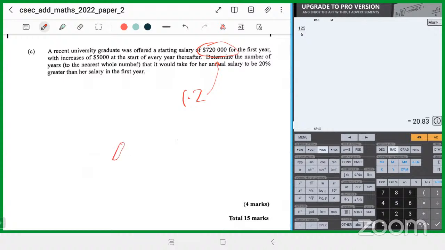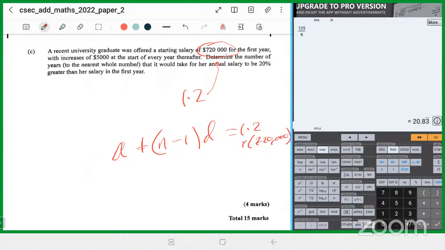Remember, the term is A plus N minus 1 times D. So when that term reaches that figure, which is 1.2 times the 720,000, that's what we're trying to work out. You want to find the N for that.